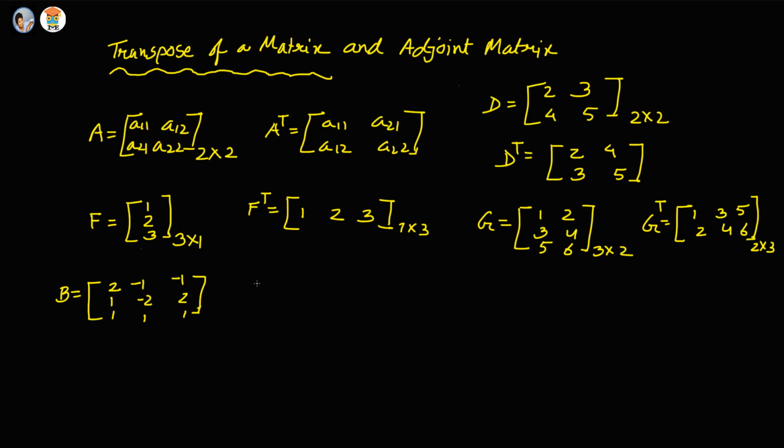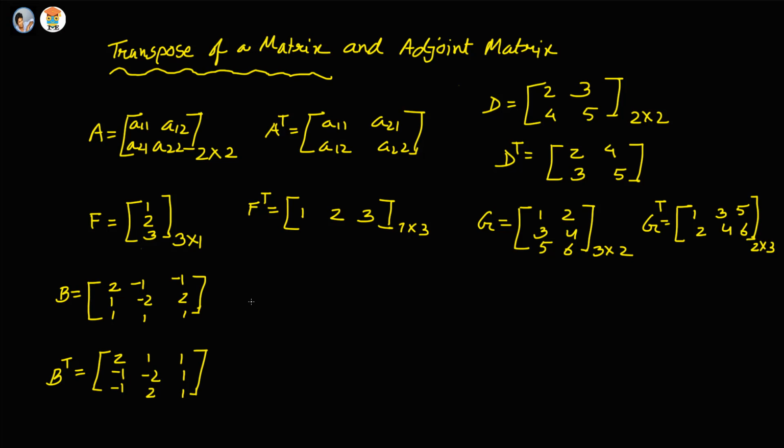Now the transpose of this matrix BT will be equal to: the first column will be turned into the first row, so this is 2, 1, 1. The second column will be turned into the second row, so minus 1, minus 2 and 1. The third column turned into the third row, so this will be minus 1, 2, 1.